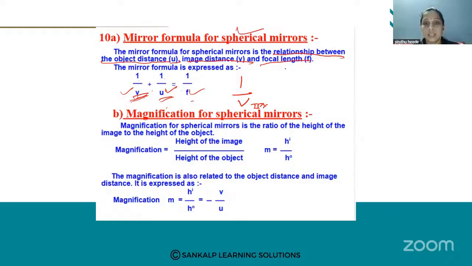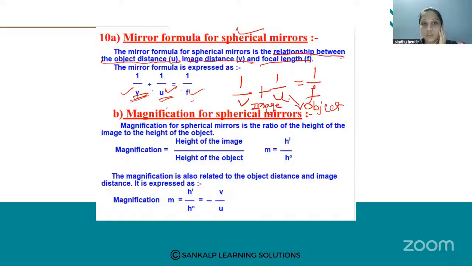Sorry, here v is image distance and u is object distance. 1 by v plus 1 by u is equal to 1 by f.